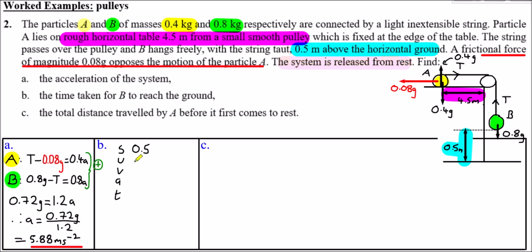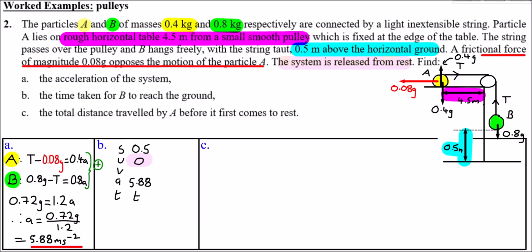So initially, therefore, u must be 0, because at rest the starting velocity will be 0. The acceleration of the system we've now established will be 5.88, so B is going to accelerate downwards at 5.88 meters per second squared. Now, the time is what we're trying to find, the time taken.